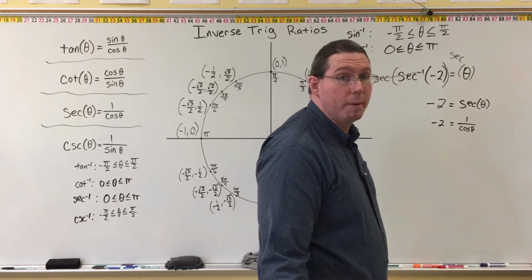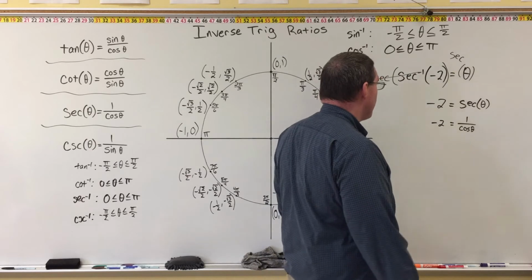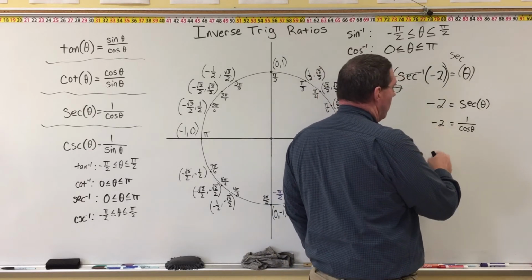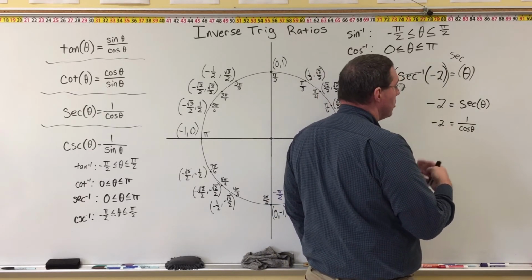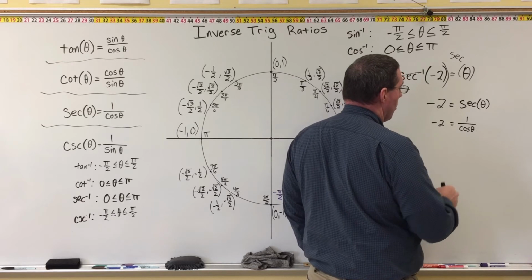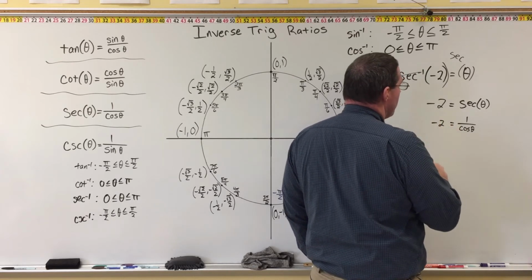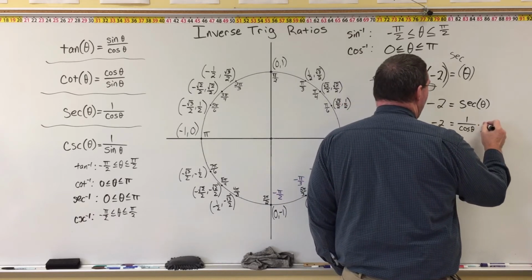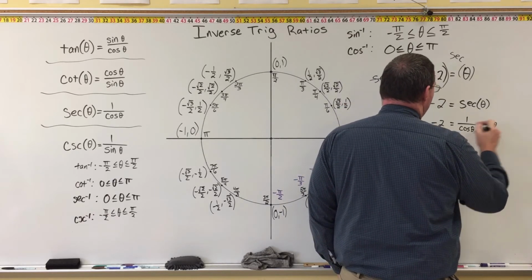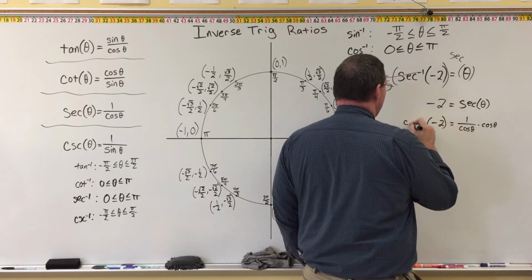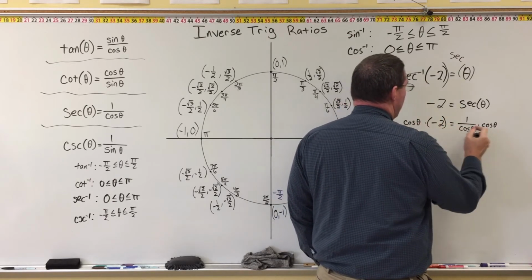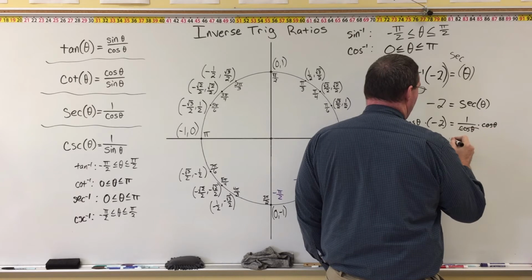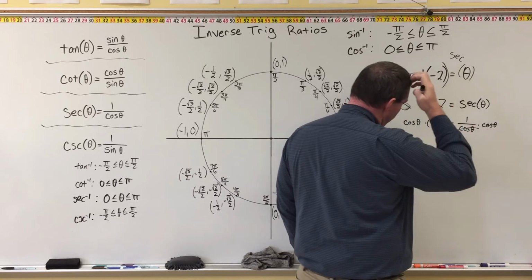All right, now we're going to do a little bit of algebra. Instead of turning this into a fraction, which we could, it just wouldn't proceed as far as you want to go. So when you're dealing with secant and cosecant, instead we're going to multiply by cosine of theta on both sides. On this side, it's going to cancel, so over here we're going to have 1.